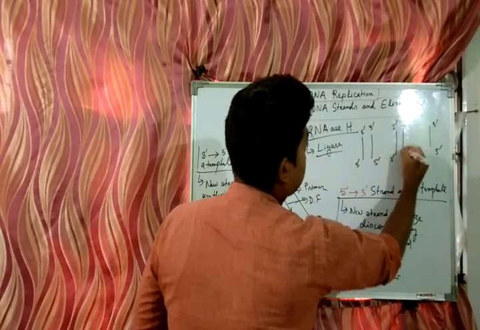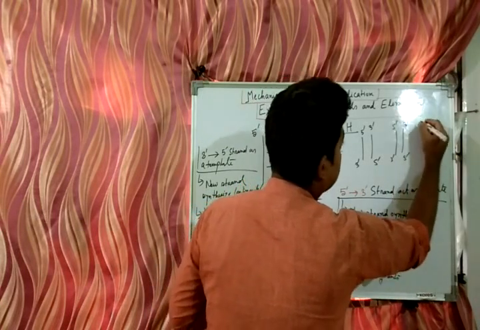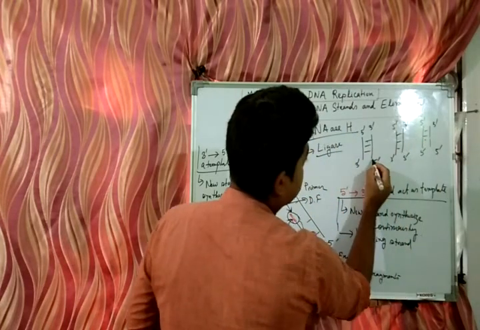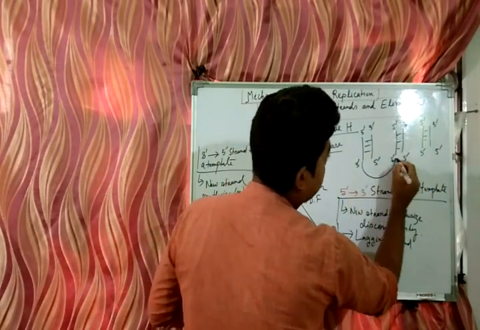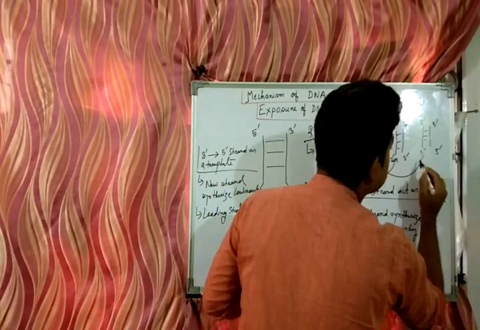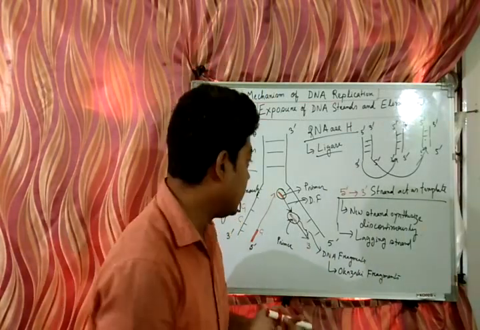Based on this 5 to 3 strand, this strand is synthesized. Like that, based on this one, this strand is synthesized. That means taking this strand as a template, a new strand is synthesized. Like that, taking that strand as a template, these two daughter strands are produced during the replication mechanism.